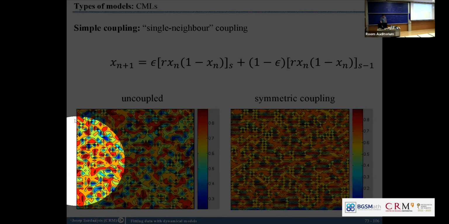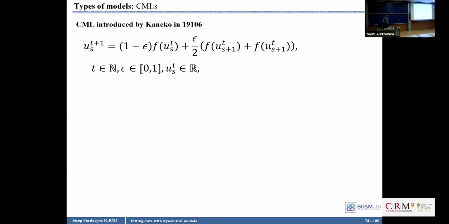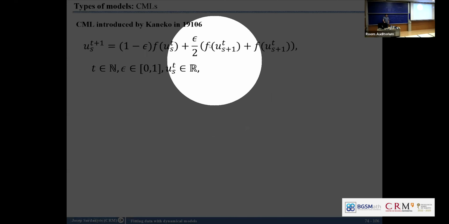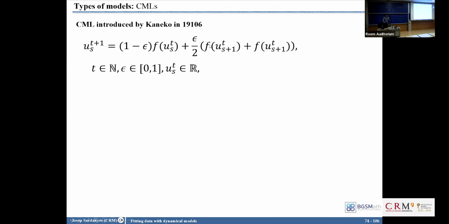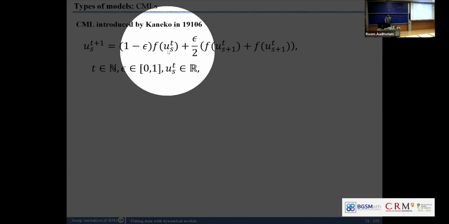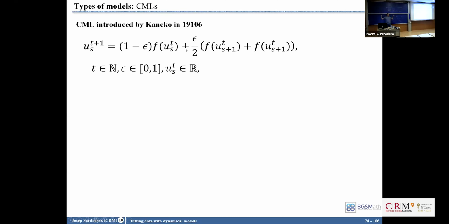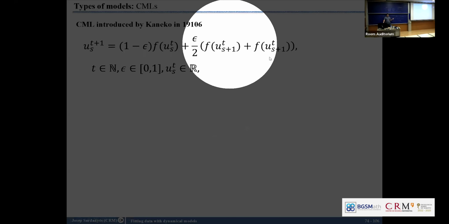So one of the best known coupled map lattices is this one. This is a general function in which a given cell at position s is influenced by the two left and right neighbors, and they are coupled. This is like a diffusion term.